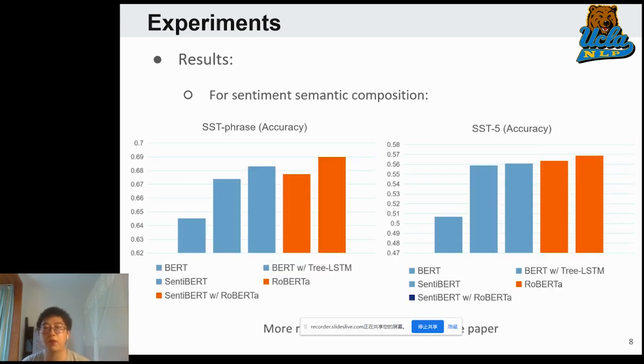We first compare SentiBERT with the baseline BERT models on SST phrase and SST5. The results show that SentiBERT and SentiBERT with RoBERTa outperform the vanilla BERT and RoBERTa, indicating the importance of incorporating syntactic guidance. SentiBERT and SentiBERT with RoBERTa are also competitive with their corresponding variants, such as BERT with TreeLSTM, showing that our proposed attention networks over the tree are also good at composition.